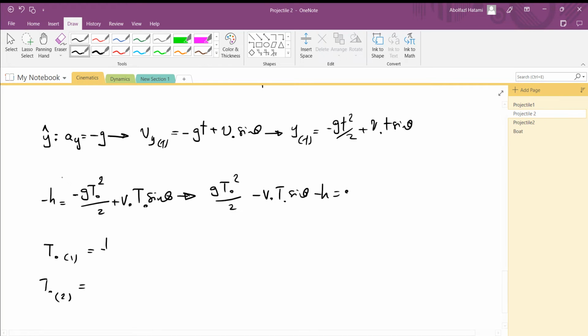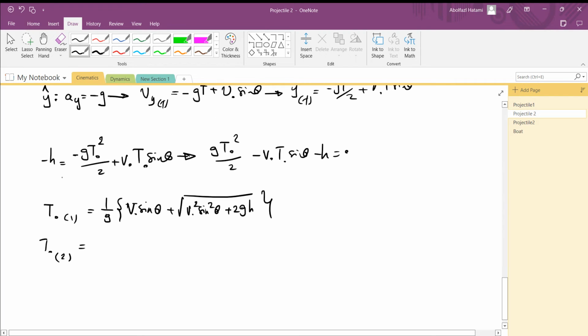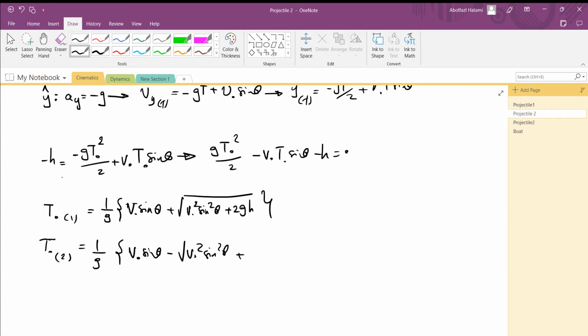One is 1 over g times v0 sine of theta plus the radical of v0 squared sine squared theta plus 2gh, and the second root of this equation is 1 over g times v0 sine theta minus the radical of v0 squared sine squared of theta plus 2gh. But which one is correct? Which time should I accept, and which one is not correct?